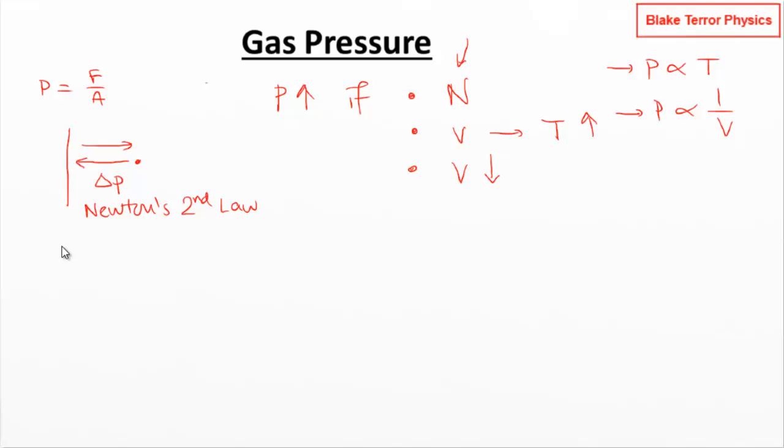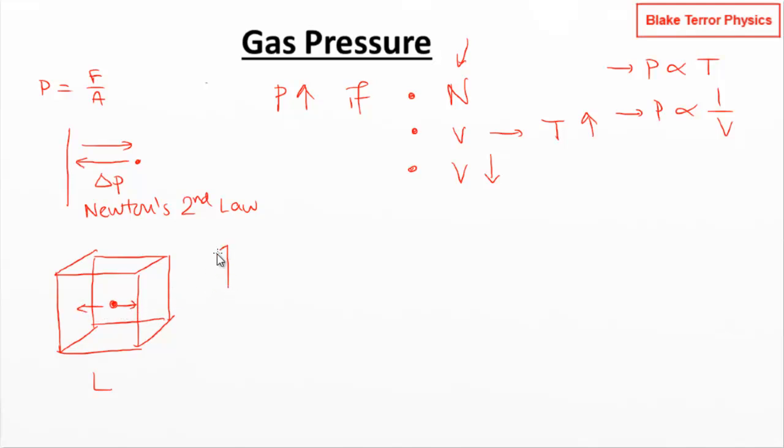Now we can go further than this and get a new derivation of pressure by continuing this microscopic analysis. The usual way this is done is they'll take a cube with side L, and inside that cube they'll put a single gas particle and they'll have it moving from side to side.